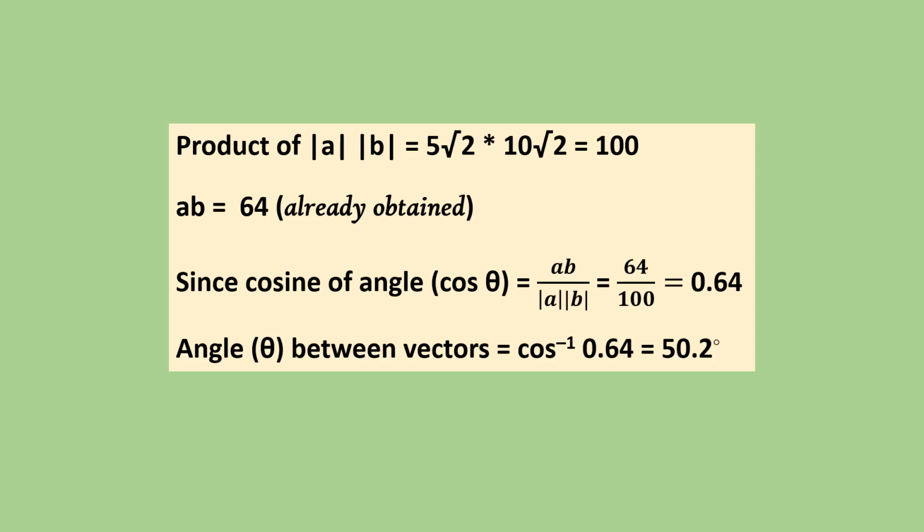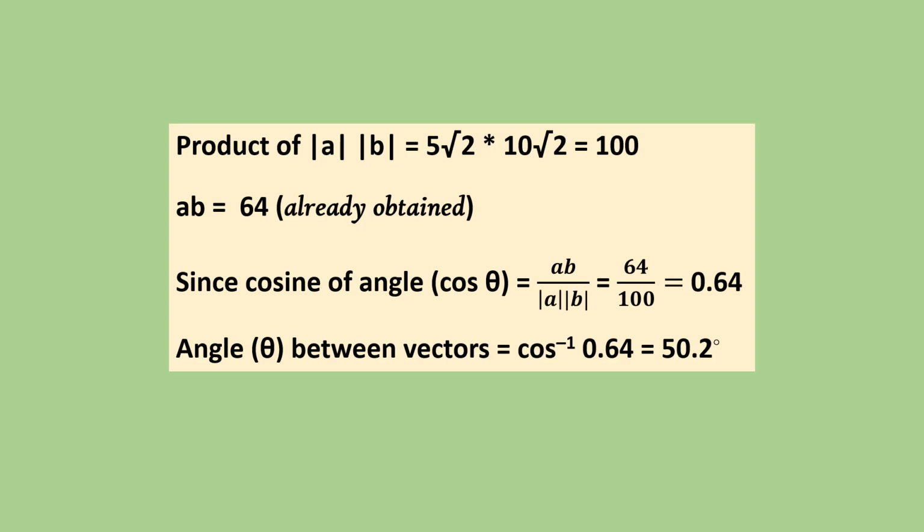Now cos theta, where theta is the angle between the vectors, is given by the ratio of these two values, A dot B by absolute magnitude of A and absolute magnitude of B. So 64 by 100, that is giving you 0.64, right? A dot B was 64 and the product of the absolute magnitudes of A and B was 100.